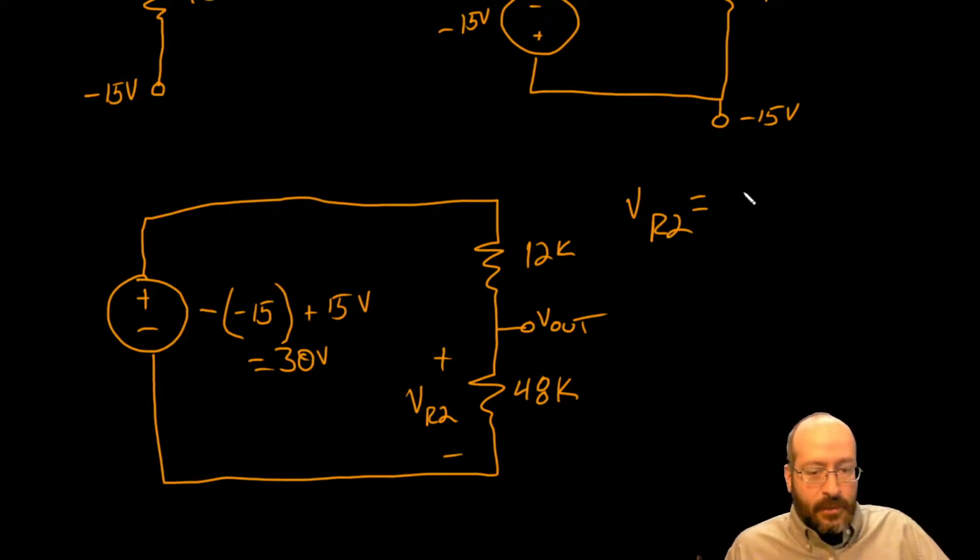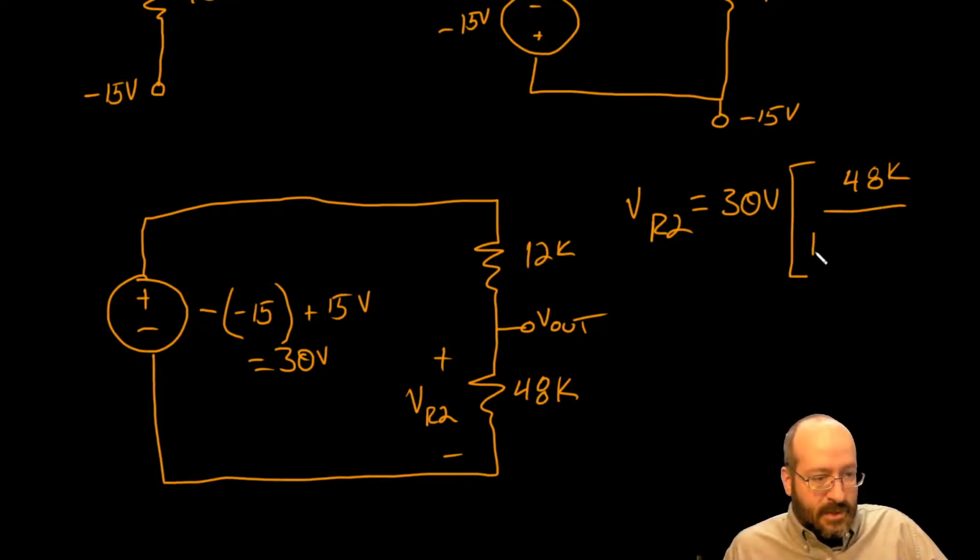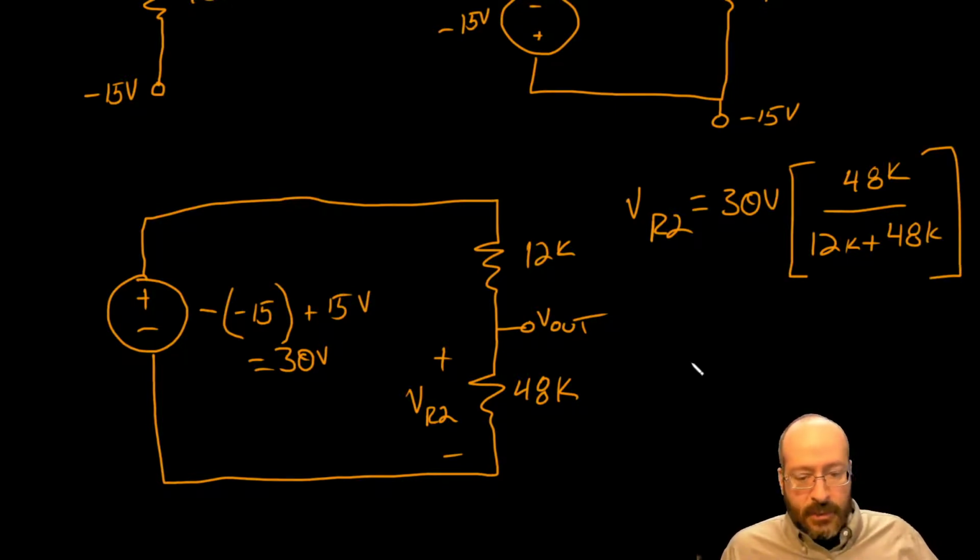VR2 equals 30 volts multiplied by the ratio of our resistance. We want to find the voltage across the 48K, and we know that the 12K is in series with that 48K. So we can calculate that.